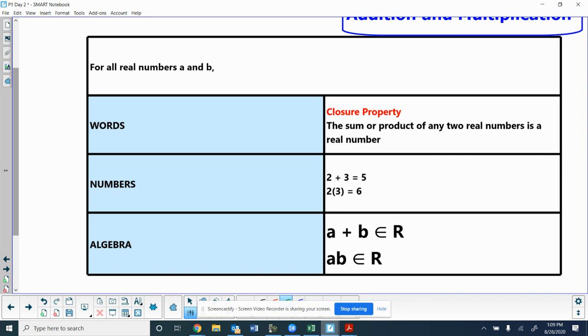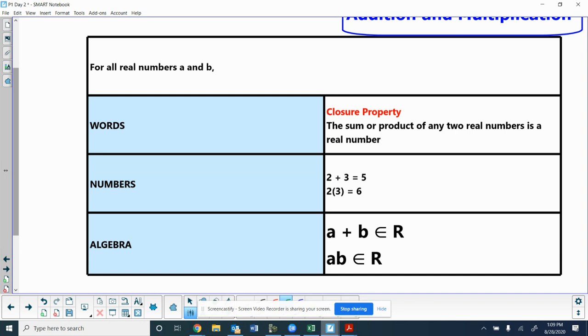So to give you an example where there might not be closure, let's talk about the integers. Remember, that's the positives, whole numbers, 0, and the negative whole numbers, right? Remember that we talked about yesterday. If I think about the integers 2 and 4, and I want to divide, what's 4 divided by 2? 2, that's still an integer, right?